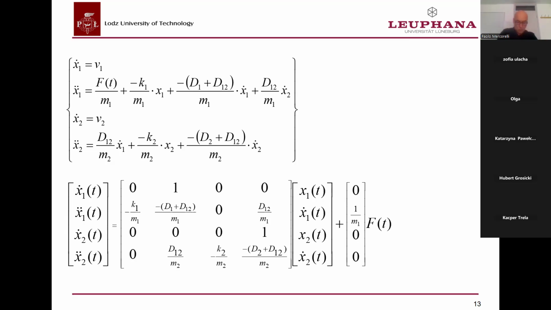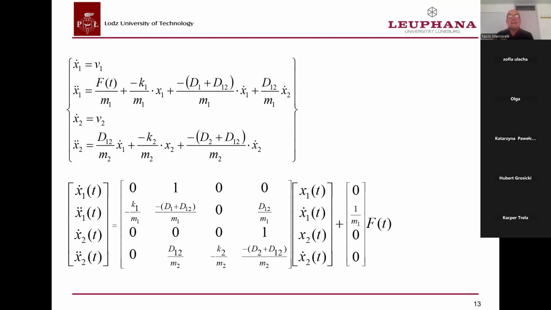I don't need to really explain many things here. But we can see that I can compact this information in the upper part of the slide in this form, in which we have the state variables. We will see in detail what I intend by the state variables in the example in a few minutes.